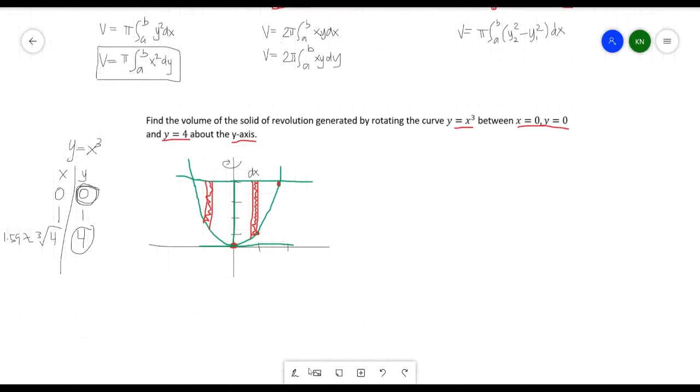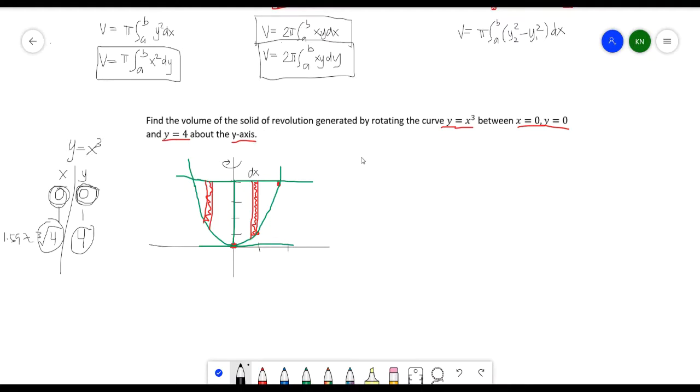So that being said, we can now solve this one. However, our limits will also be changed since this is a change of x. So the limits that we will be using are with respect to x, which is from 0 to cube root of 4.